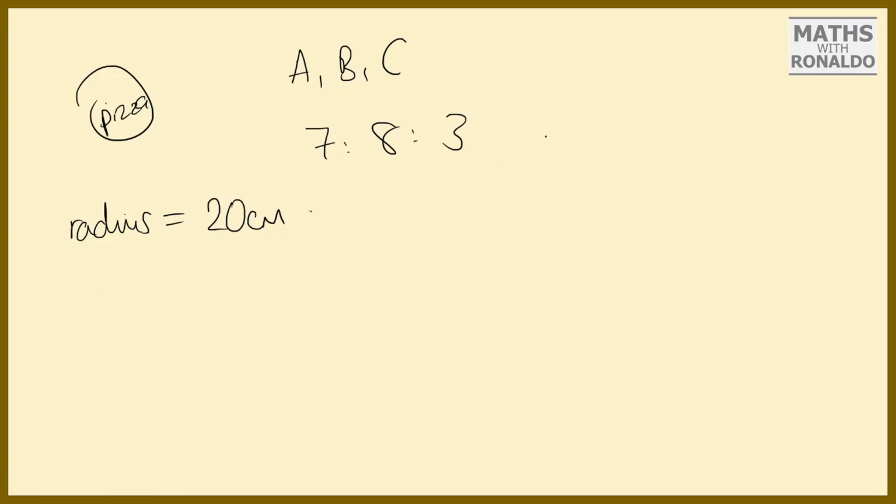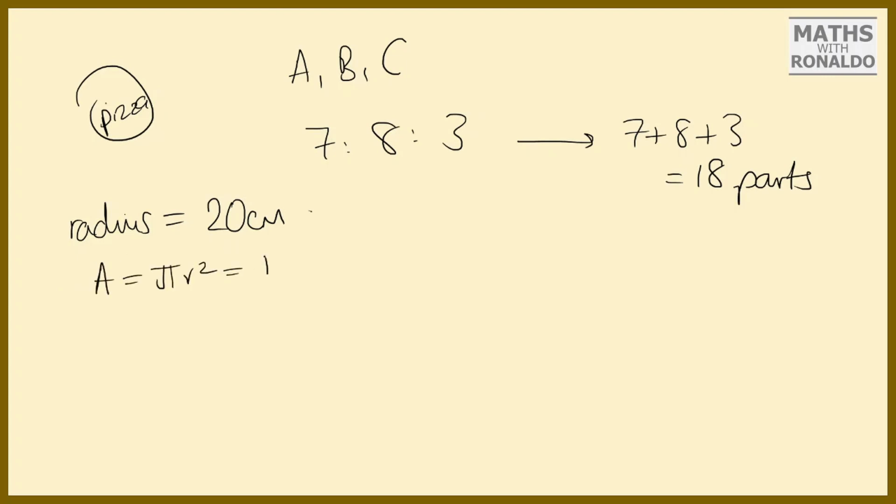Well, first of all, we say 7 plus 8 plus 3 gives us a total of 18 parts, and we know that the total area is pi r squared, which is equal to pi times 20 times 20, which is equal to 400 pi centimeters squared.